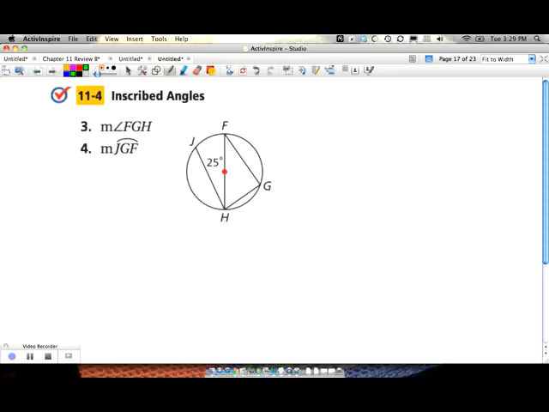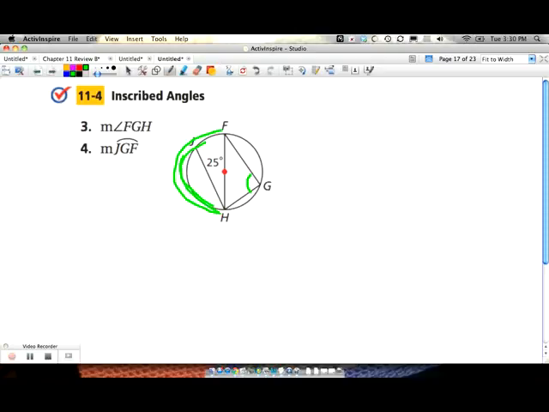This says 25 degrees for angle JHF, so this arc is 50. If I fill that in, we can figure out the other piece. We subtract 50 from 360, and we find out this is 310 degrees.